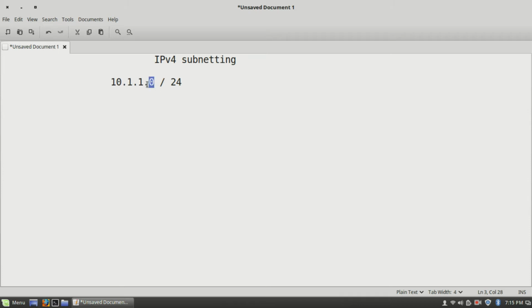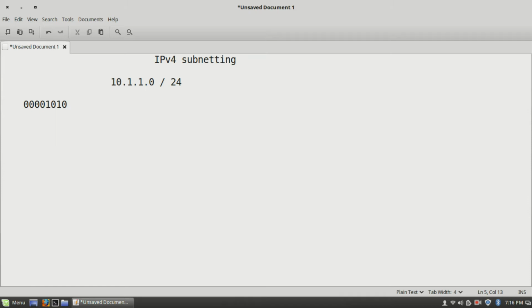Talking about this last octet, it has 8 bits in it. If all of these are 0, it becomes the network address. Let me first write it in binary format, that would be easier. The binary representation of 10 in 8 bits would be 0 0 0 0 1 0 1 0.